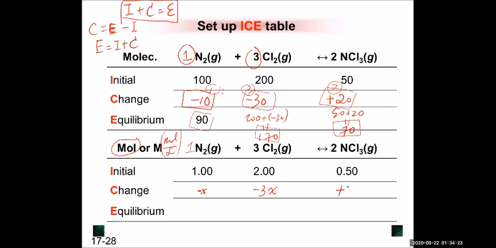How much the change is depends on how big the coefficient. This coefficient is 2, twice as much as coefficient 1, so the change is also twice as much as the change in the first reactant.